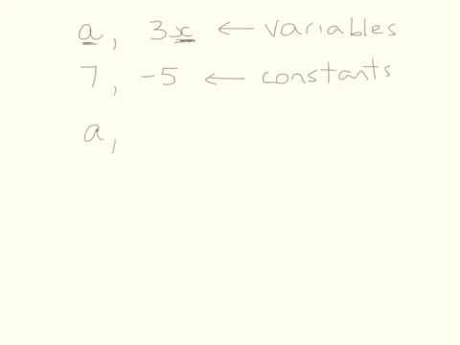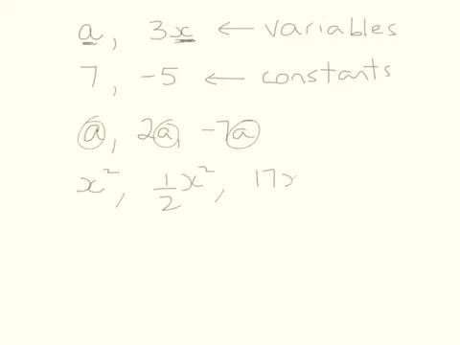If I have a or 2a or -7a, they are all like terms because the letter part is all the same. If I have something like x squared, or a half x squared, or 17x squared, they are also like terms because the x squared part, the thing with the letter, is all the same.